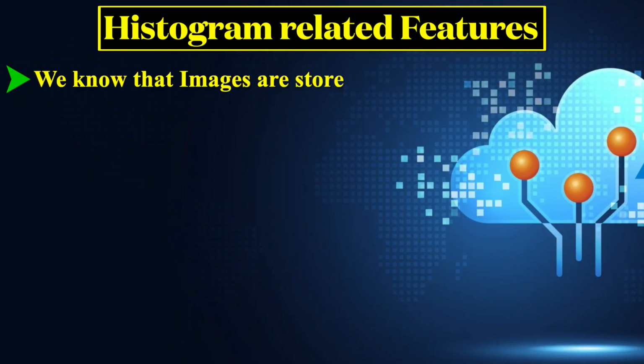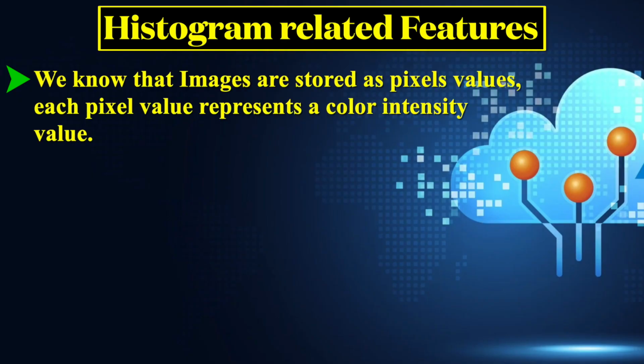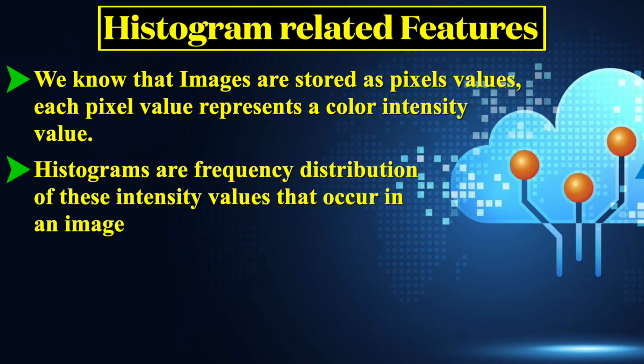Now let us go to the second one, that is histogram related features. We know that images are stored as pixel values, and each pixel value represents a color intensity value. So what is a histogram? Histograms are the frequency distribution of these intensity values that occur in the image.